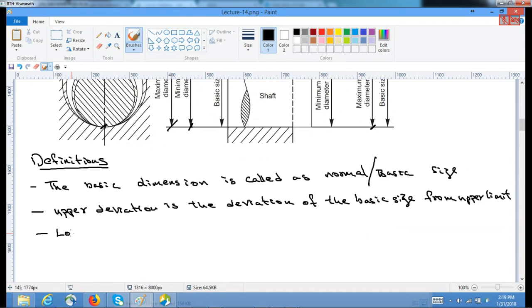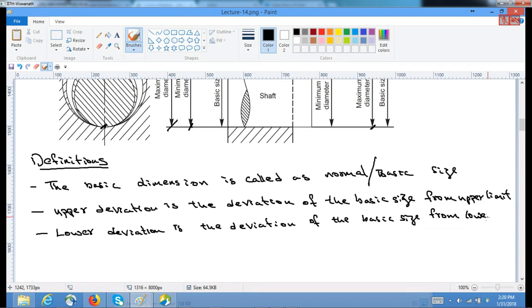Similarly, the lower deviation is the deviation of the basic size from the lower limit.